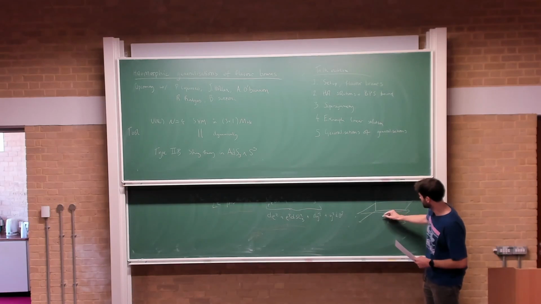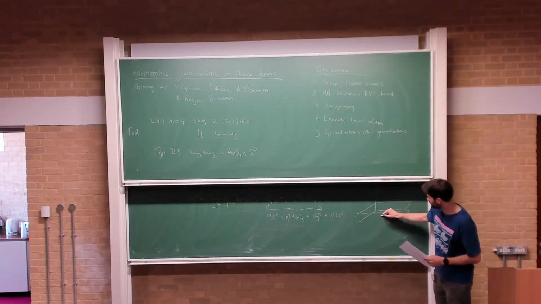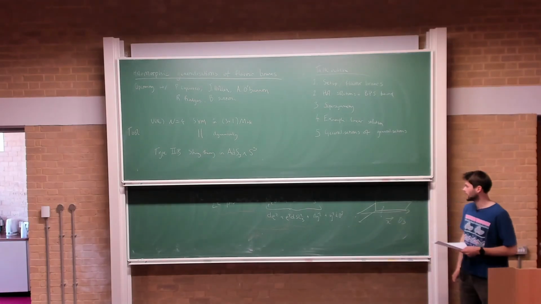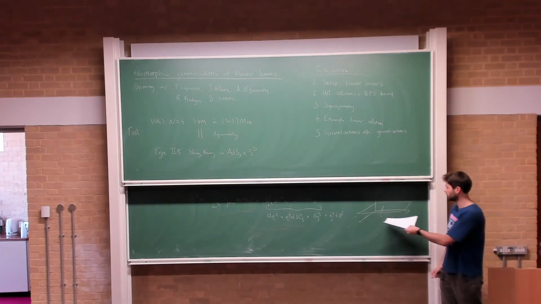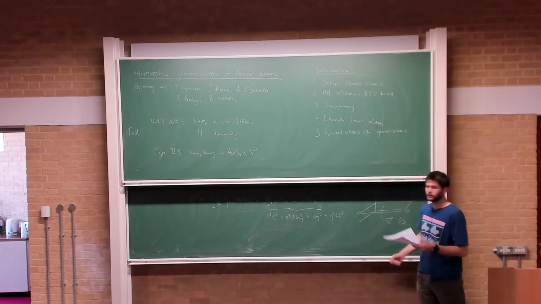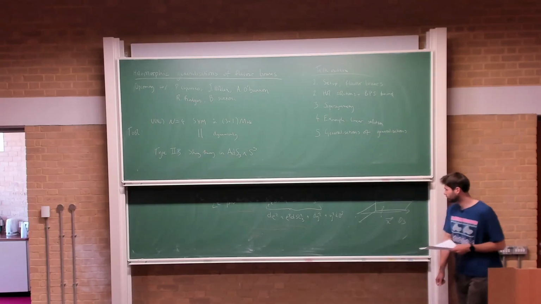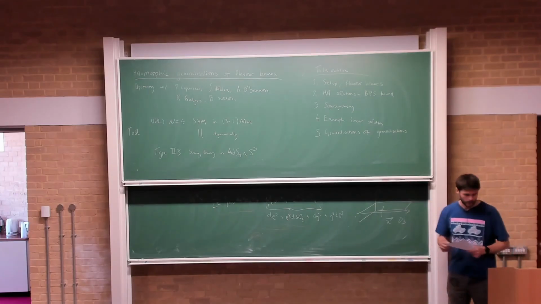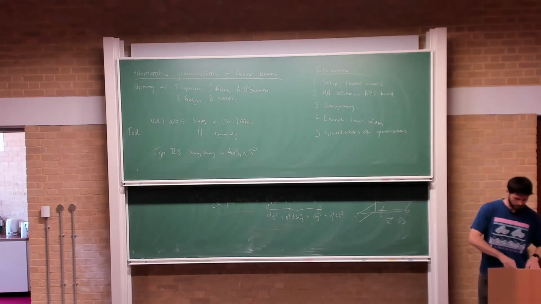And crucially, it means that there can be string modes that stretch between the D3 and the D7. And so they have finite size, and since strings have tension, this corresponds in the world volume theory of the D3 brane to introducing something with mass. Okay, so we can spend a little more time on this.